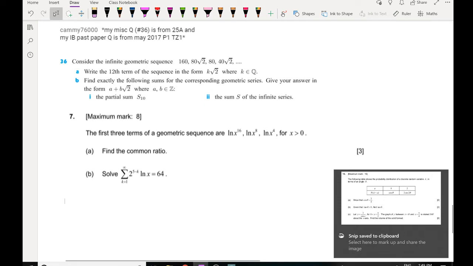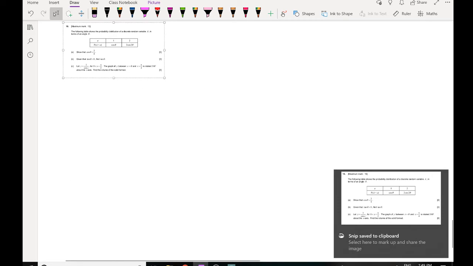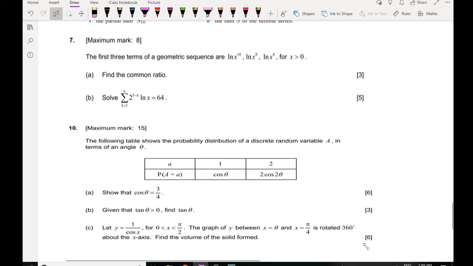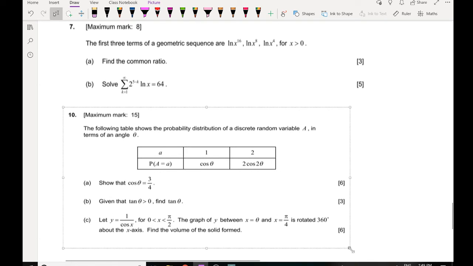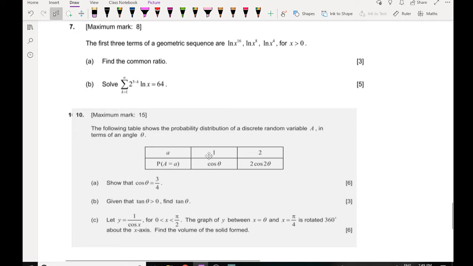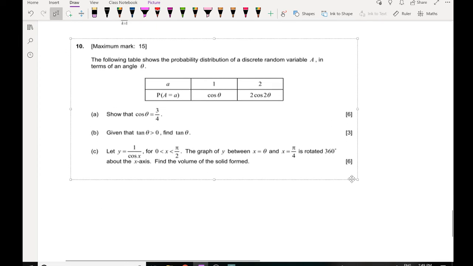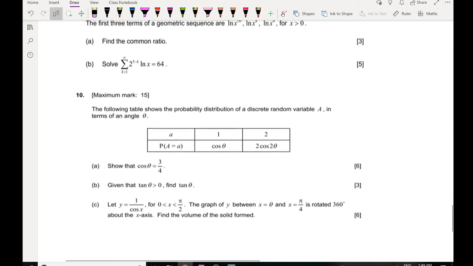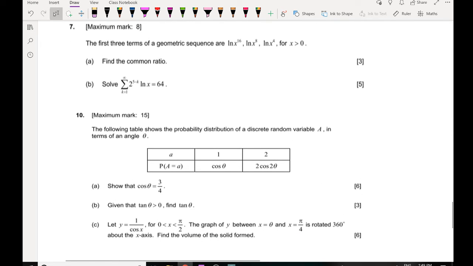See, it's funny. Both of these questions that Cam asked about were on the IB exam that his brother would have written back when he was in grade 12. Because I remember very distinctly this question 10, a bunch of those DP2s came to talk to me after, and they said, oh my gosh, they had a probability distribution question that mixed in trig.